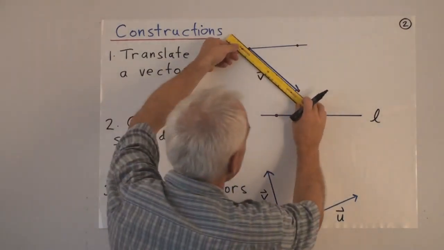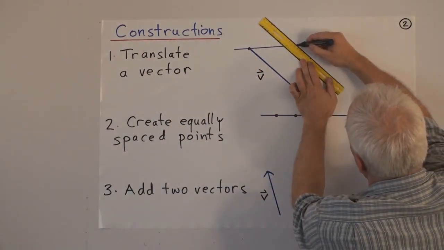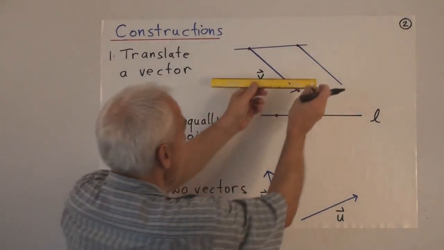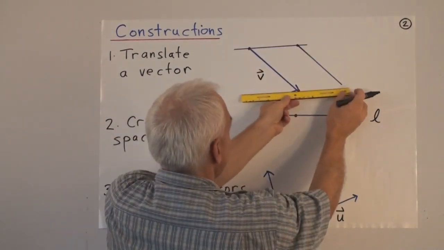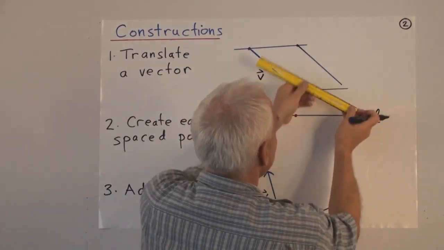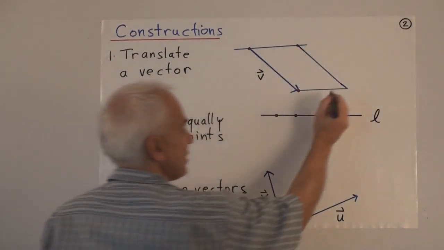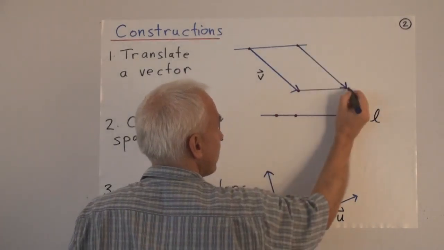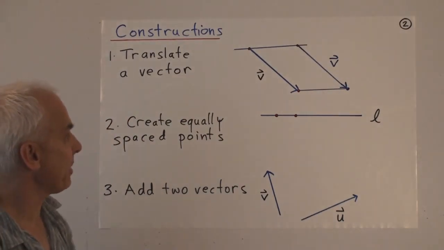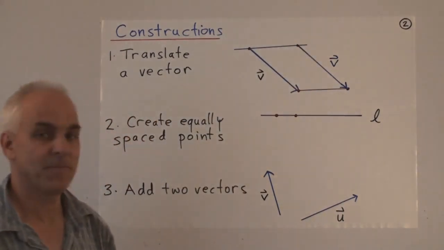Then we draw a line parallel to this one through that vector, and then another line parallel to this one through that vector. So we need to go a little bit further here. And then this vector here, from this point to this point, that's going to be another copy of V. It's the same vector, but now instead of starting from here, it's starting from here. So we've translated it as required.